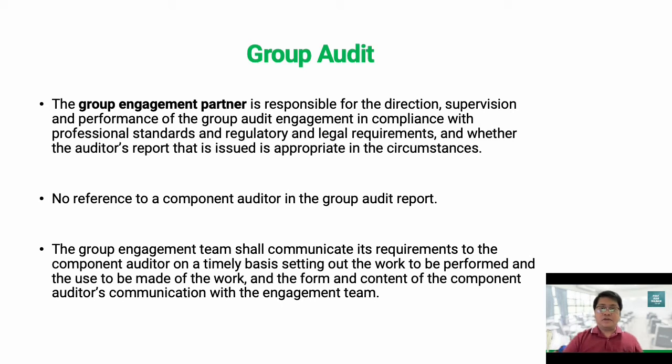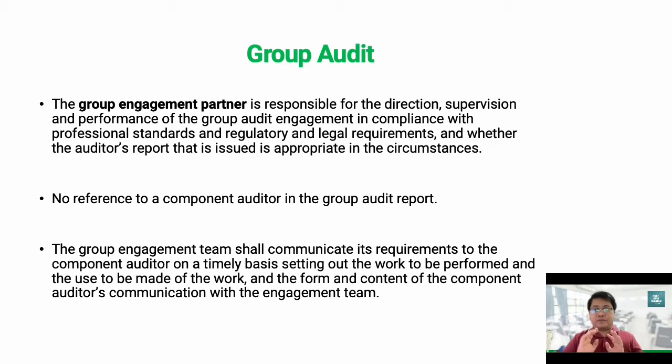Then finally, we also communicate to the component auditor the list of related parties prepared by the group management, and we also ask the component auditor to communicate to us any additional related parties that the component auditor has identified that are not yet included in the list provided by the group management.